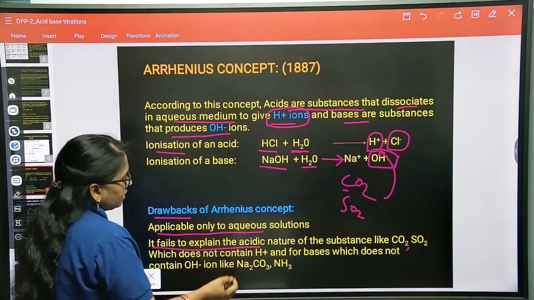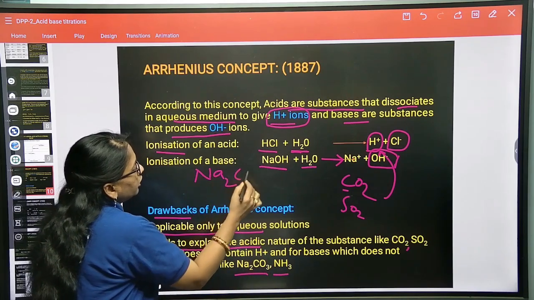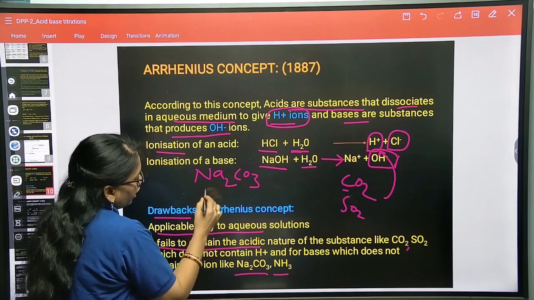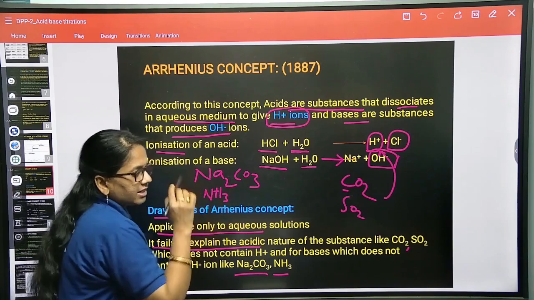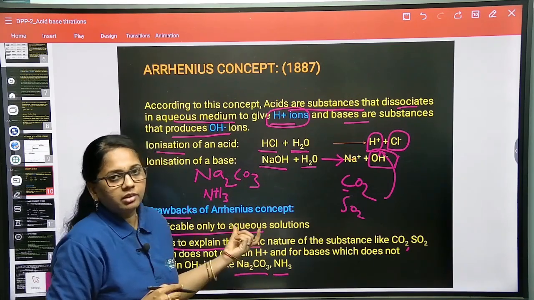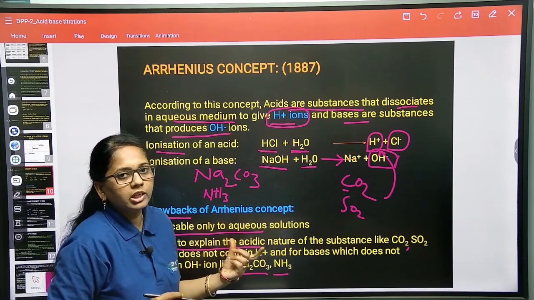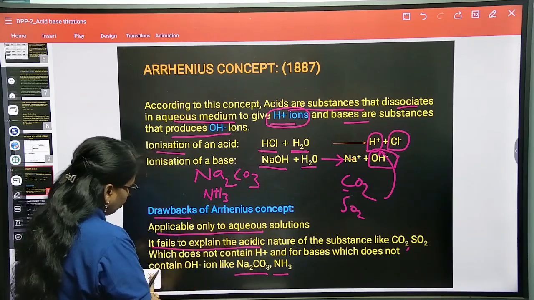And bases like sodium carbonate and ammonia do not give the OH minus ion, but they act as bases. So Arrhenius theory is unable to explain some of the reasons behind it. It is applicable only in case of aqueous solutions.